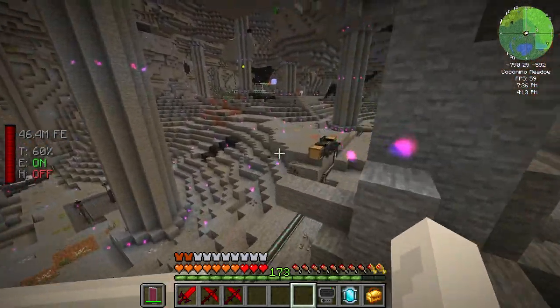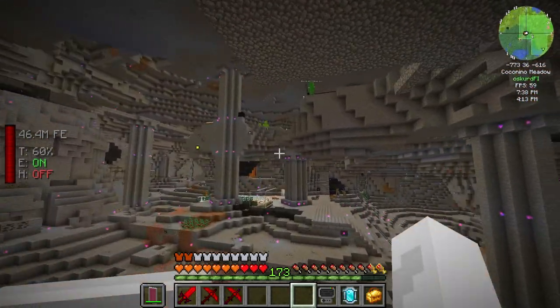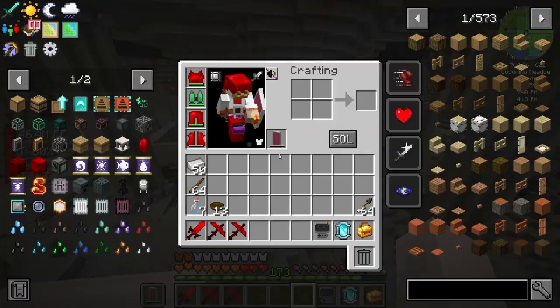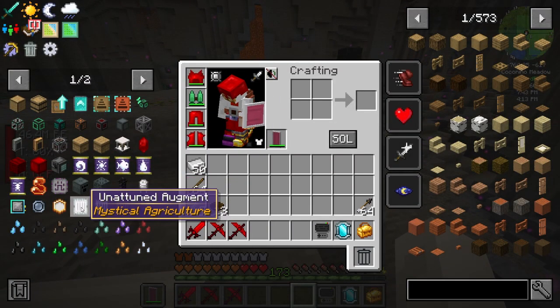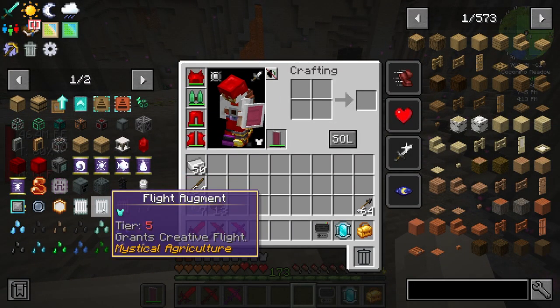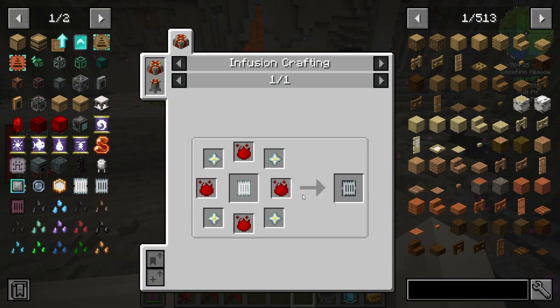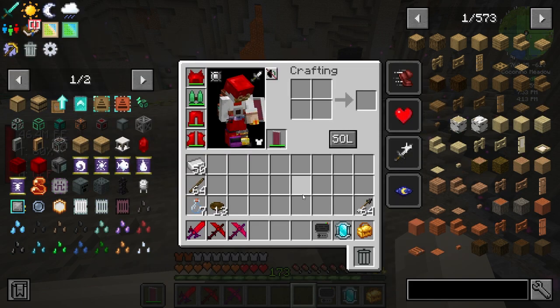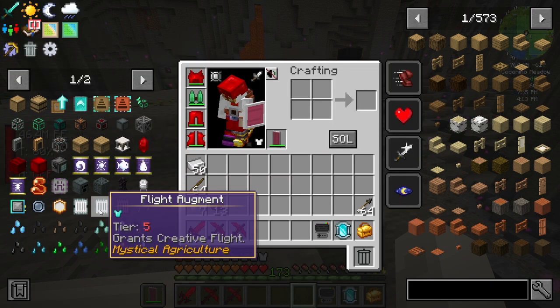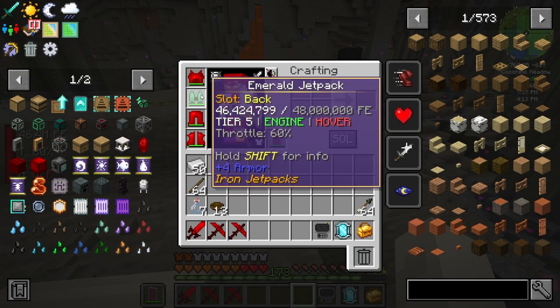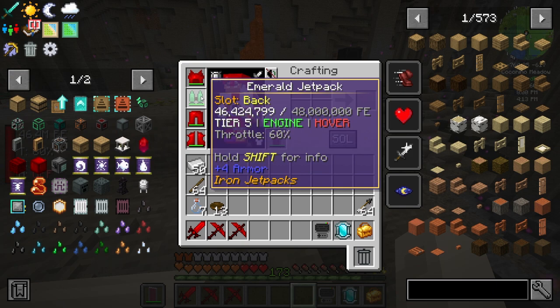And what we do today. Also, I did realize something: flight augment for my chest. I can get creative flight with the chestplate, so I don't need a jetpack anymore.